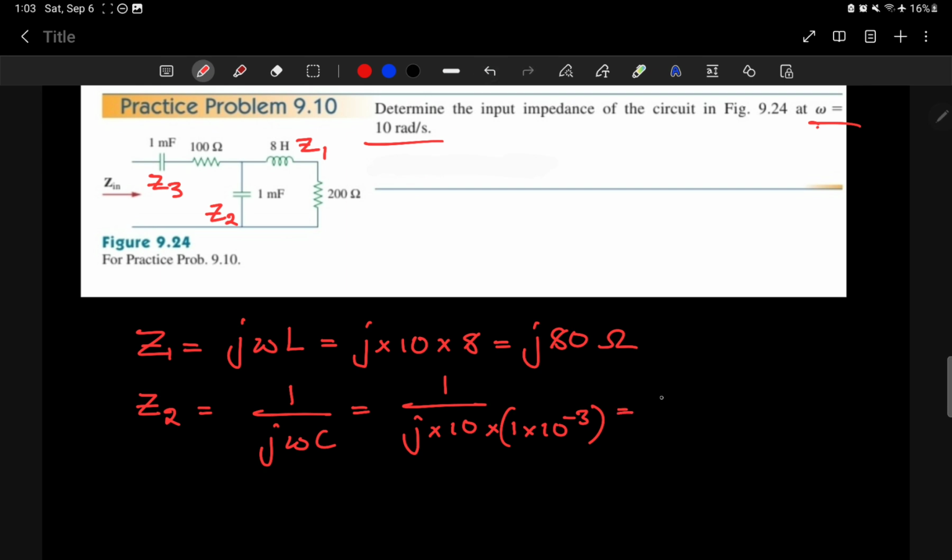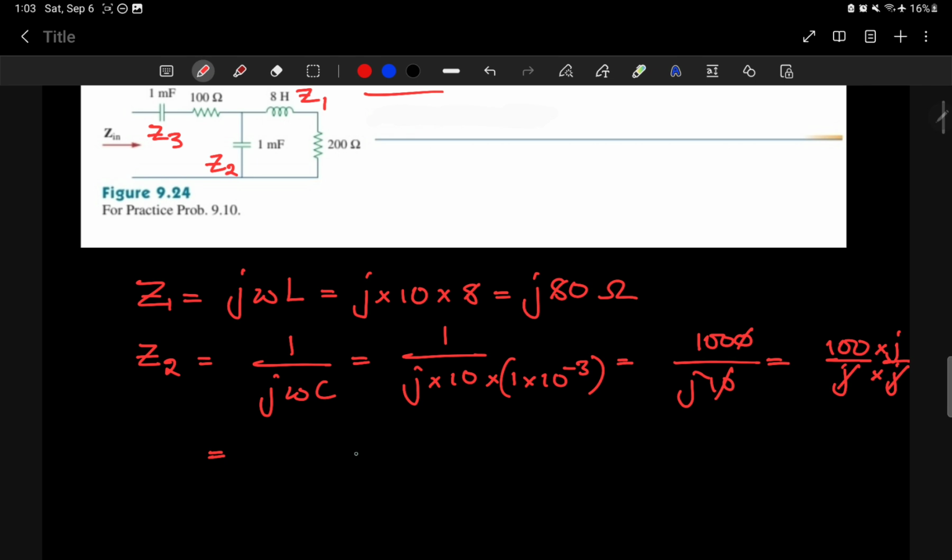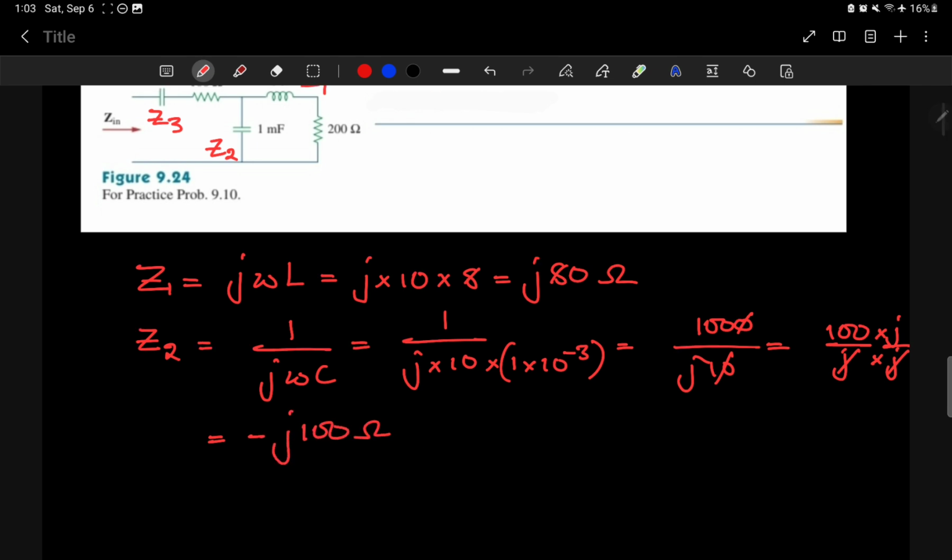Okay, so when we simplify this, the 10 goes up, and the 10 to the power negative 3 becomes positive, and that will be 1,000 over j10. This cancels with that, giving us 100 over j. Then when you multiply by j down and also by j in the numerator, basically rationalizing, you end up with minus 1, and that gives our Z2 to be minus j100 ohms.